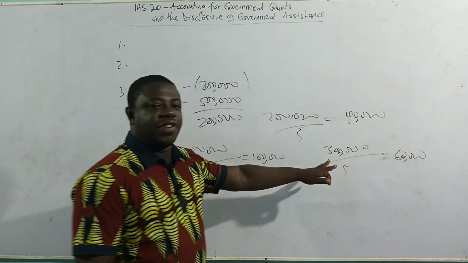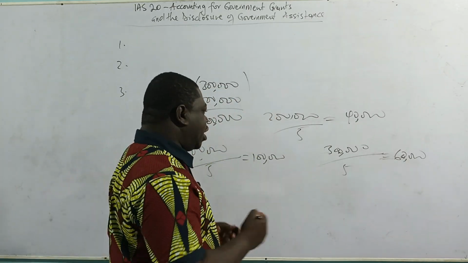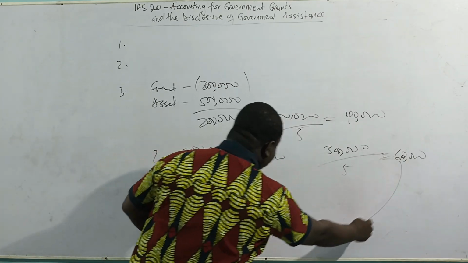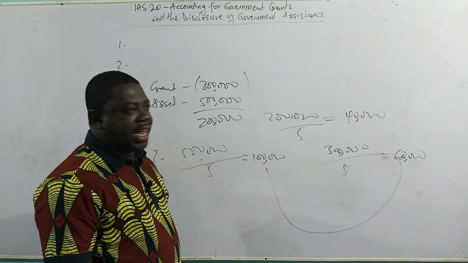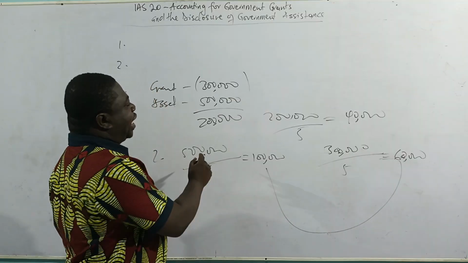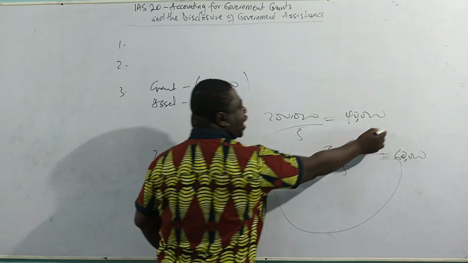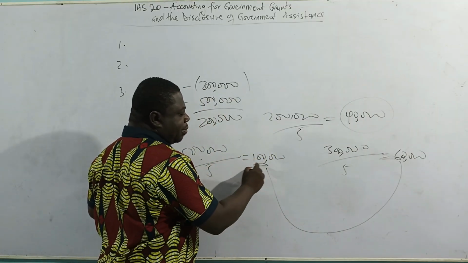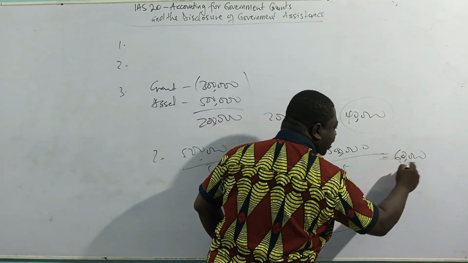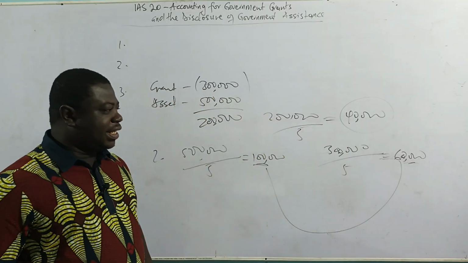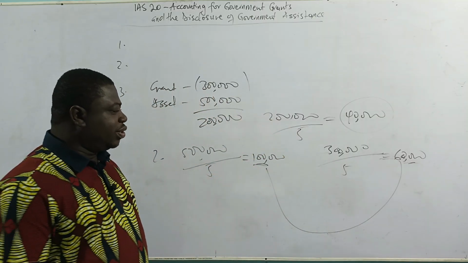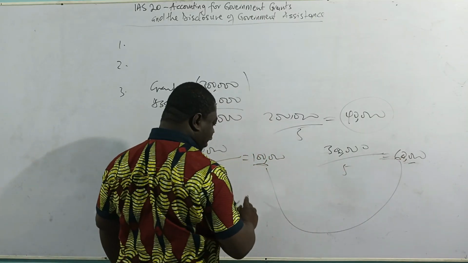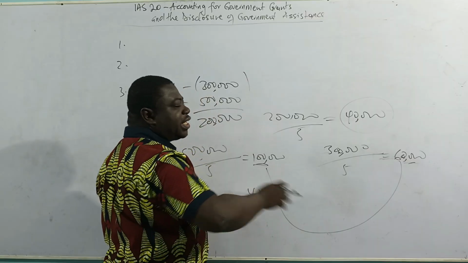So we are going to transfer 60,000 every year into the profit or loss account so that the 60,000 will defray the excess depreciation. So when we net it off as the first option, we are getting a depreciation charge of 40,000. If we don't net it off, you are getting depreciation of 100,000 and the grant of deferred income of 60,000 to reduce that. And when you net this off, you are getting the same 40,000. So these are the 2 options.